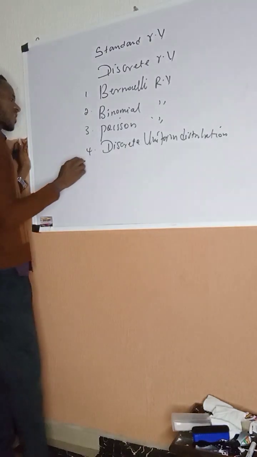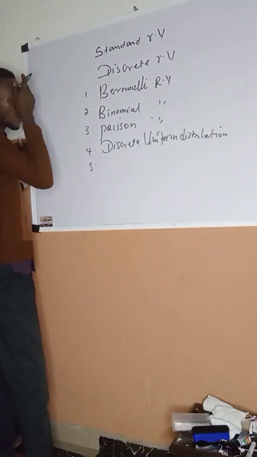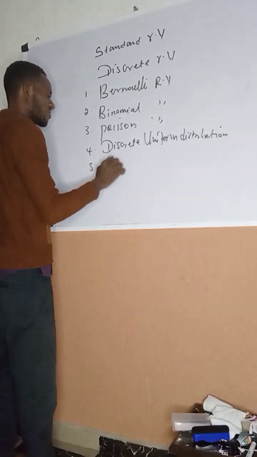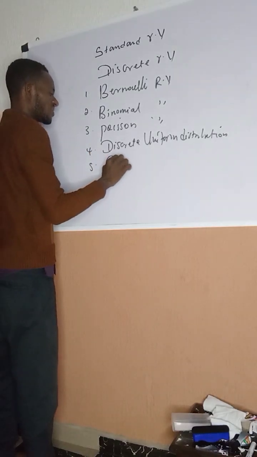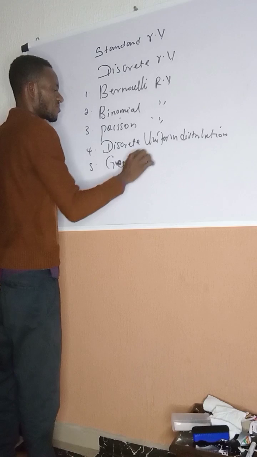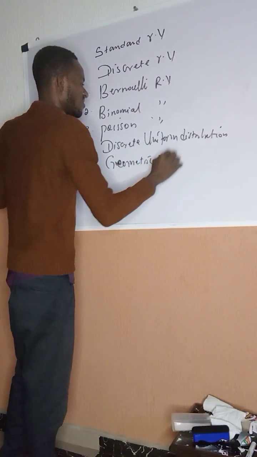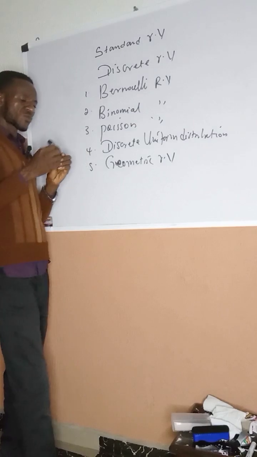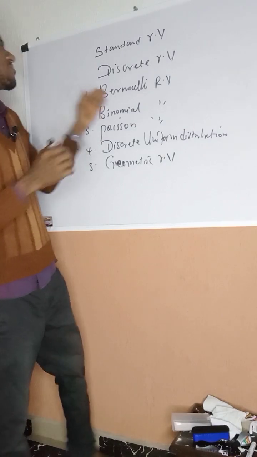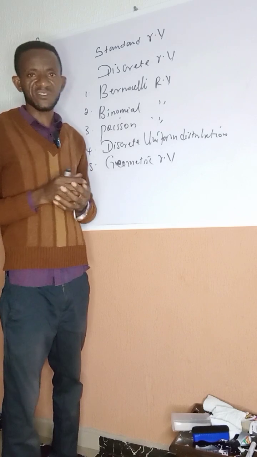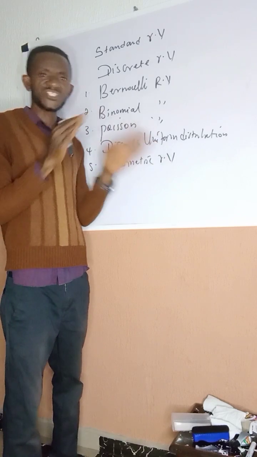Then, of course, we are equally going to look at what we call the geometric distribution or random variable. Do not get so lost when we talk about Bernoulli random variable and Bernoulli distribution. There are definitions.